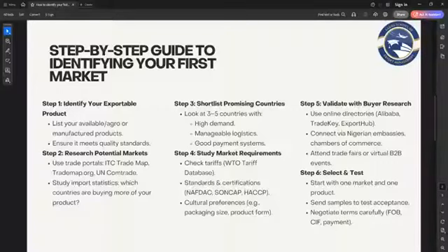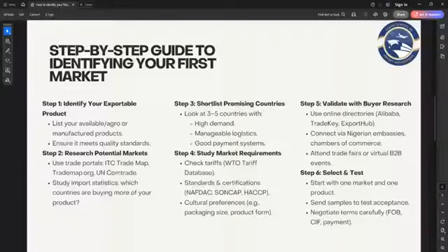Use trade portals like the International Trade Centre, TradeMap, you can use trademap.org, and the UN Comtrade platform. Study import statistics: which countries are buying more of what you want to sell. That's really important.